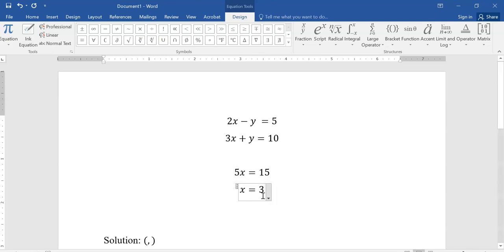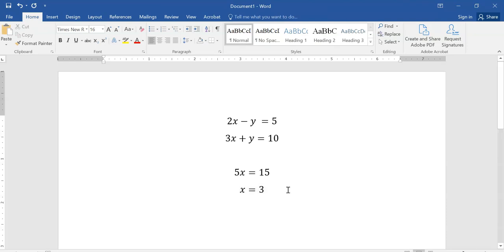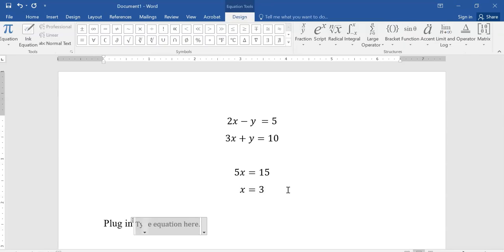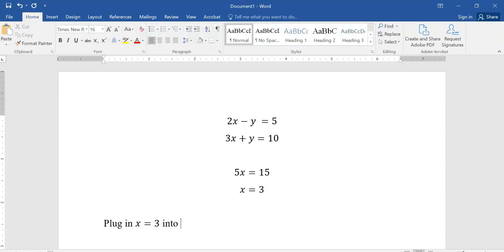Now, if x is equal to 3, then I say, well, let's plug x equal to 3 into an equation. Specifically, one of these two that I started with. Doesn't matter which one. I'm going to plug it in to this second equation, just because that way I'm going to have fewer steps.